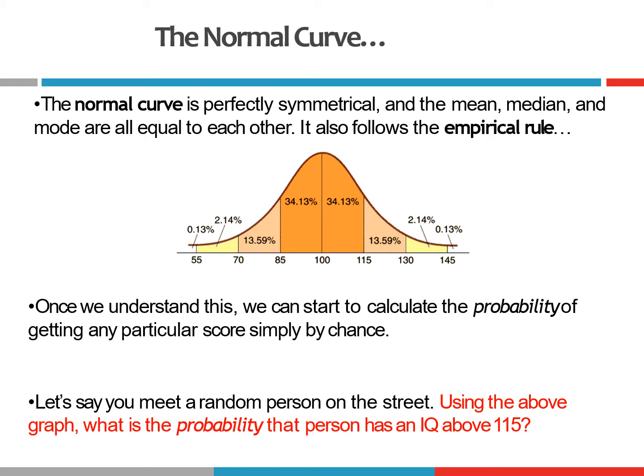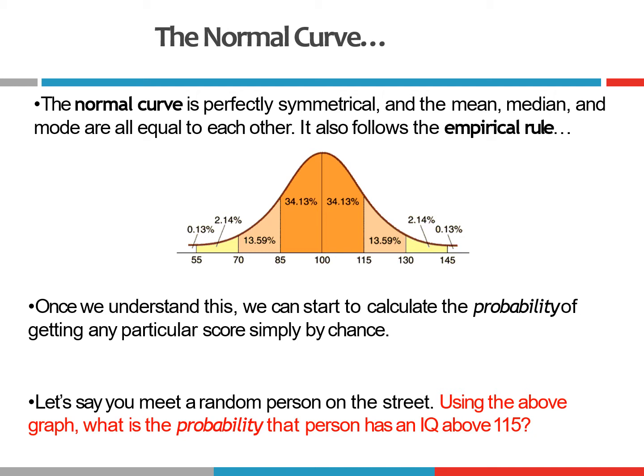So that would mean 13.59, okay, in that tan colored shaded area, plus 2.14% plus 0.13, okay? So all of the area under the curve to the right of 115 would show us the probability that we're looking for, right? So 13.59, okay?